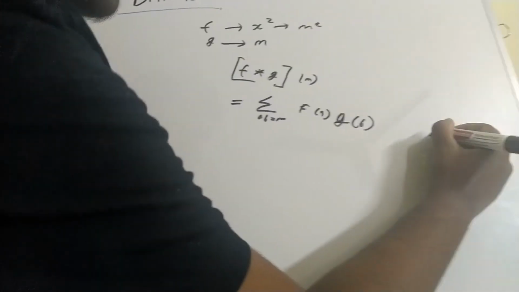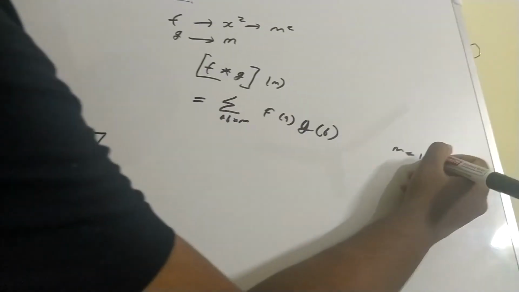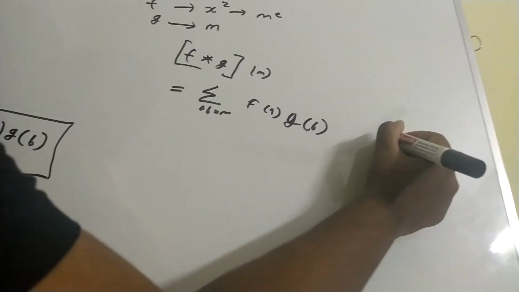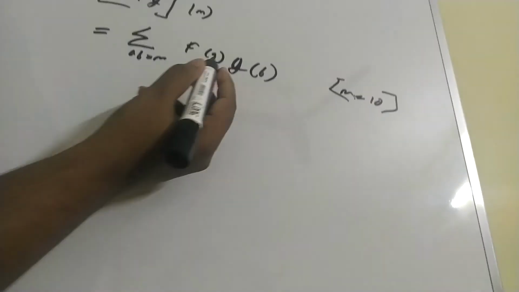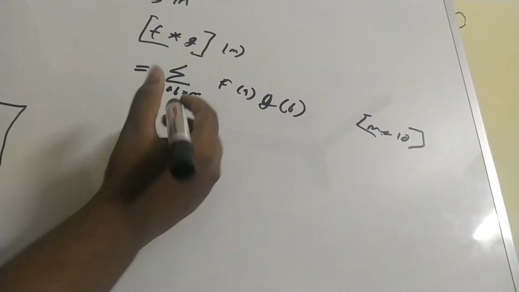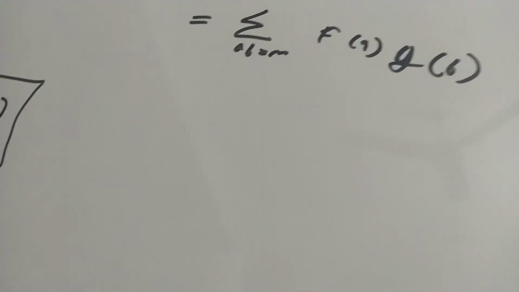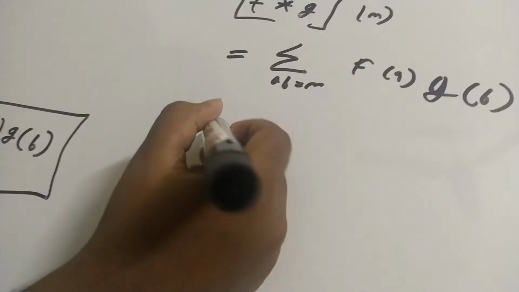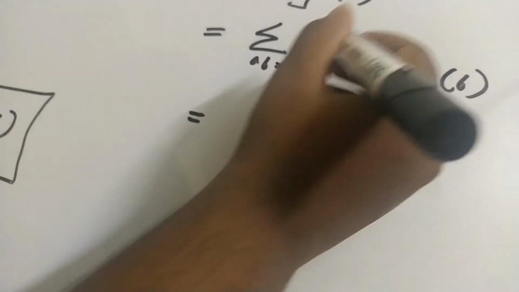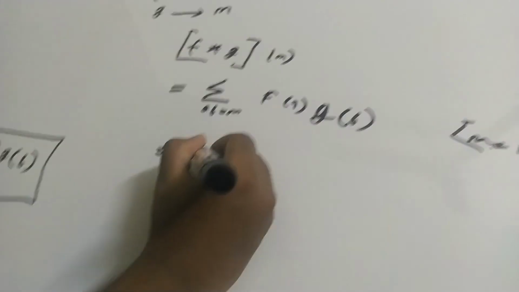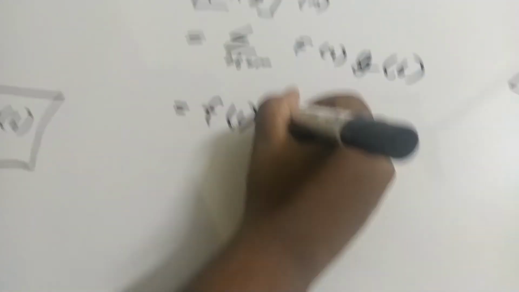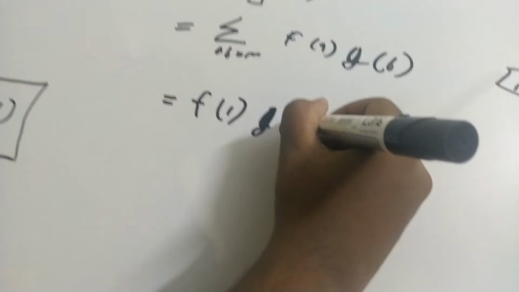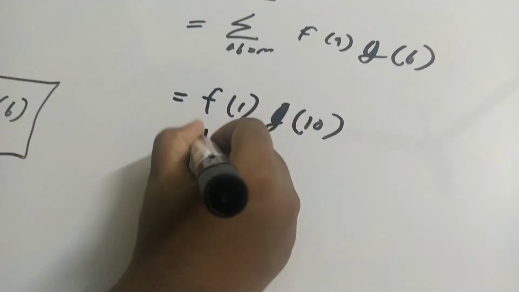Now let n equal 10, and a can be 1, 2, 5 and 10. So this is f of 1, so the corresponding b would be 10, g of 10, and so on for the rest of the terms.